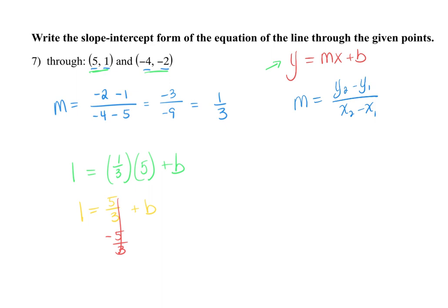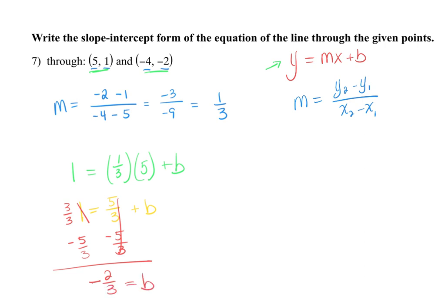It will cancel here. Subtract here. Remember, I need a common denominator, but that's nice and easy. 1 is the same thing as 3/3. All right? So that's easy to subtract when you have a 1 there. You just do your denominator over your denominator. So I have 3/3 minus 5/3. That's going to give me negative 2/3 as my b.